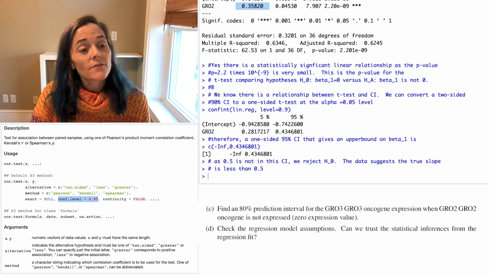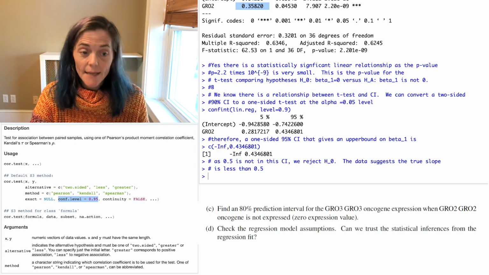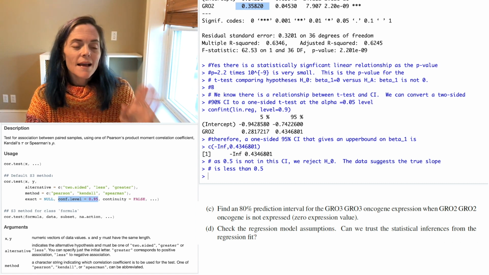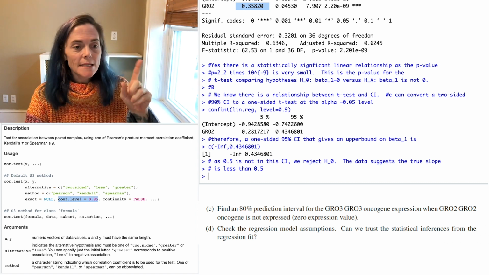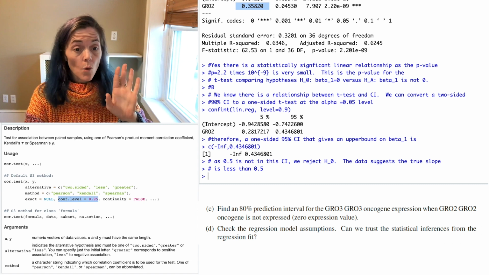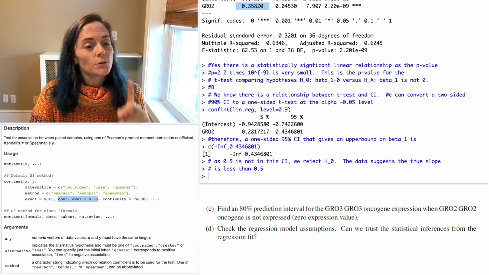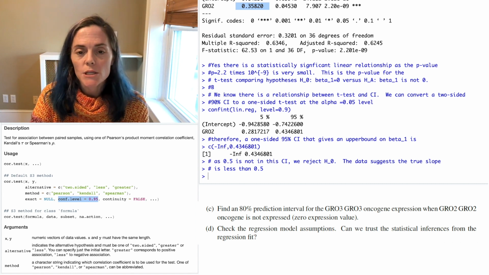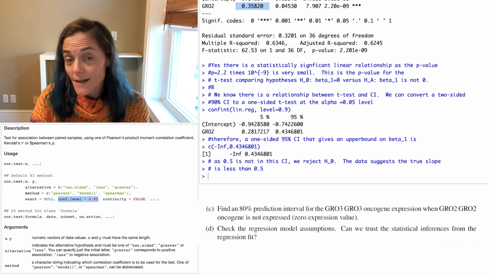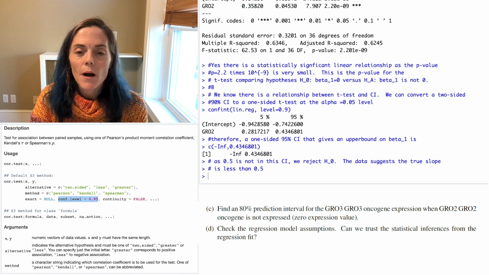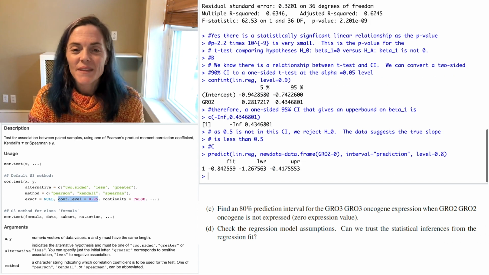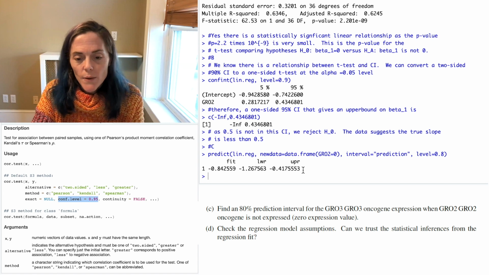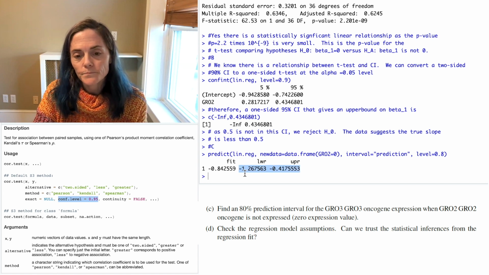Letter C, find an 80% prediction interval for this y value, GRO3, when GRO2 is not expressed. That means 0 expression. Well, we learned how to make prediction intervals using R in this module, so we can just call this. So here's our prediction interval.